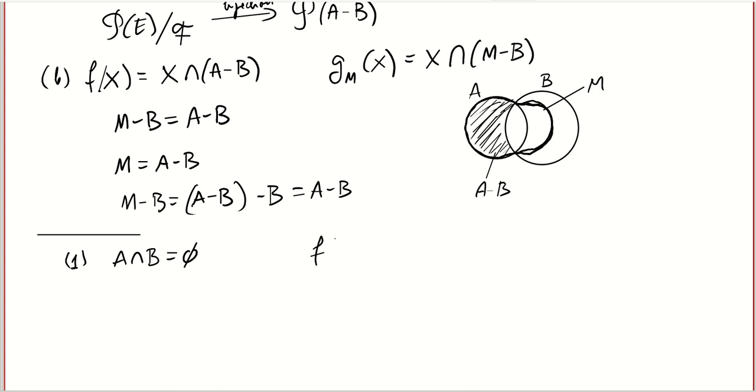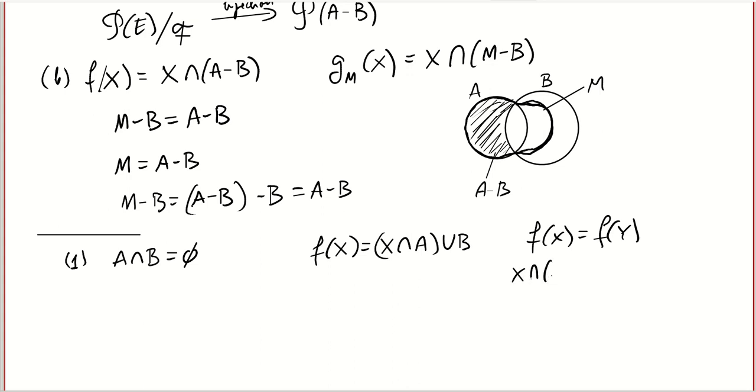Remember, the function f is defined as x intersection A union B. But the equivalence f(x) with f(y), this equivalence can be rewritten as x intersection A minus B equal to y intersection A minus B.